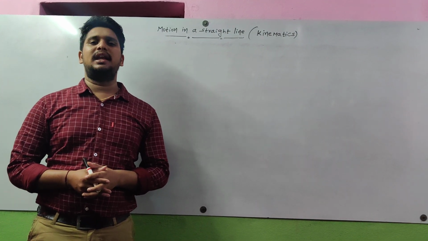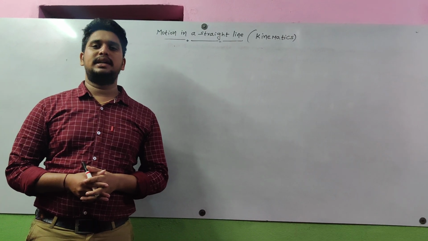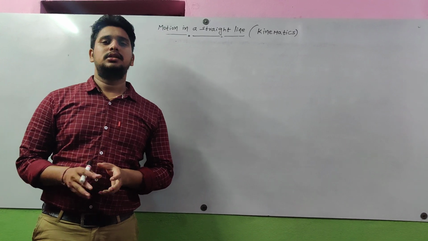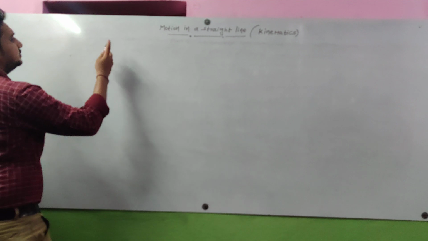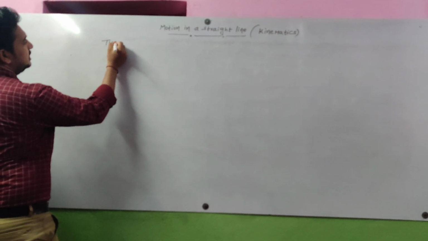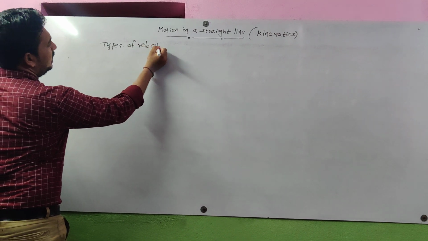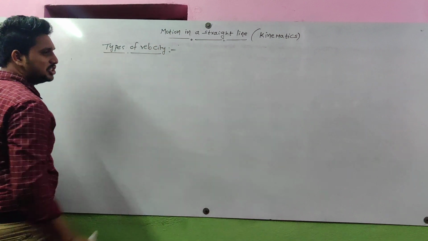Continuing my lecture on kinematics, the subtopic motion in one dimension, or motion in a straight line. Today I would like to discuss types of velocity. I already discussed types of speed in the previous lecture.